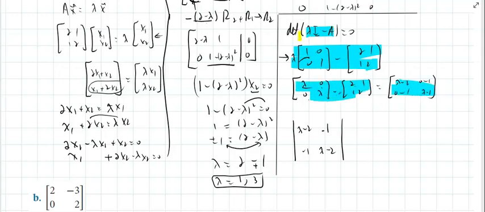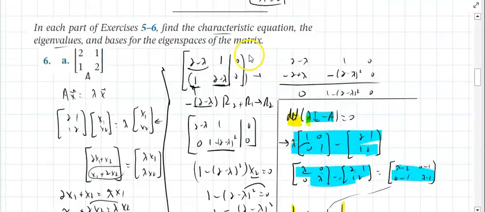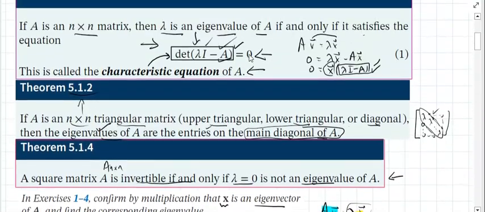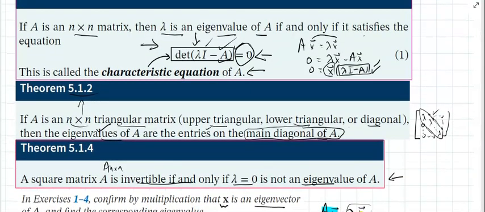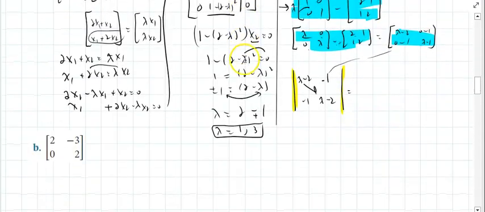If I take the determinant of that, that's simply the determinant of listing those in. If I take that and I set it equal to 0, this determinant would be lambda minus 2 squared minus 1 equals 0.